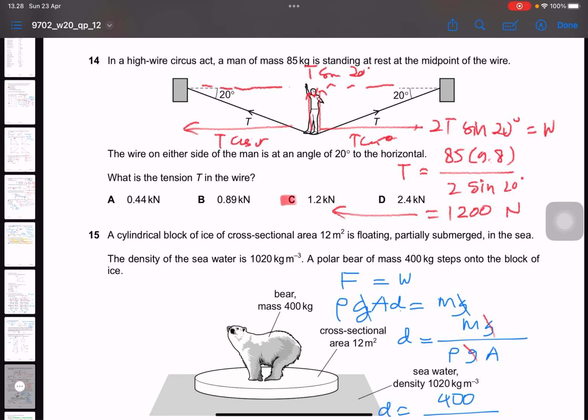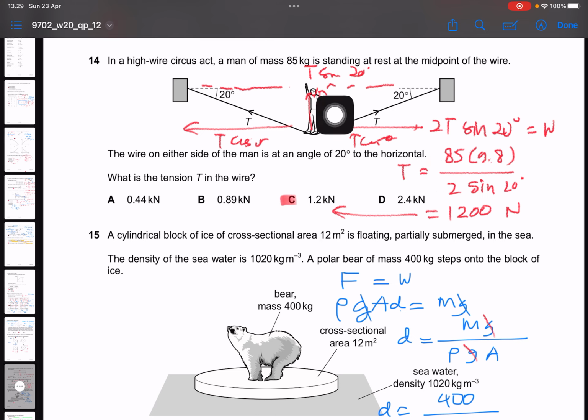I think it's just about how to split the force on the x axis and the y axis. On the x axis we have T cos theta, or T cos 20, in the left direction, and in the right direction is T cos theta, so T cos theta minus T cos theta becomes 0. There is no net force on the horizontal axis.